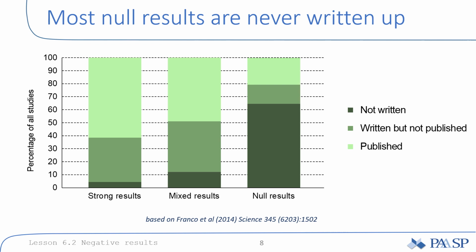It turned out that most strong and positive results were published in scientific journals. In contrast, however, most null results were never even written up and ended up in the so-called file drawer, hidden and unavailable to be considered by other scientists, as shown by the dark green color in the bar on the right side of the diagram.